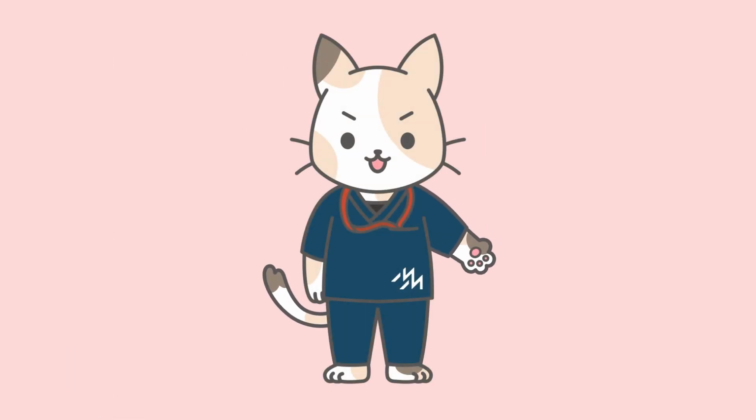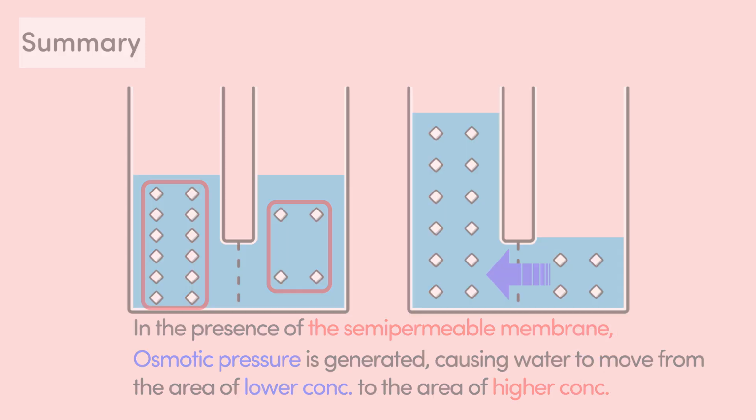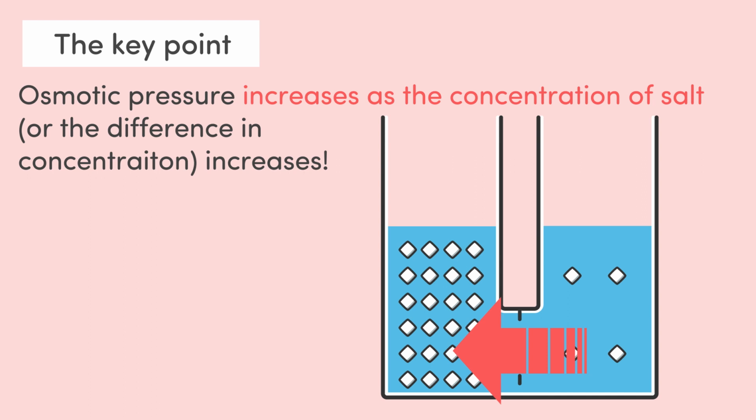Let's recap before we finish. When solutions of different concentrations are separated by a semipermeable membrane, osmotic pressure is generated, causing water to move from the area of lower concentration to the area of higher concentration. The side with the higher concentration has a higher osmotic pressure and pulls water more strongly.